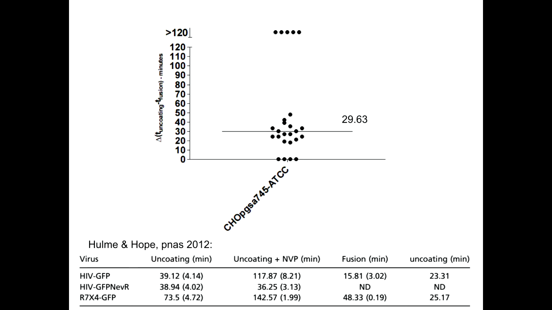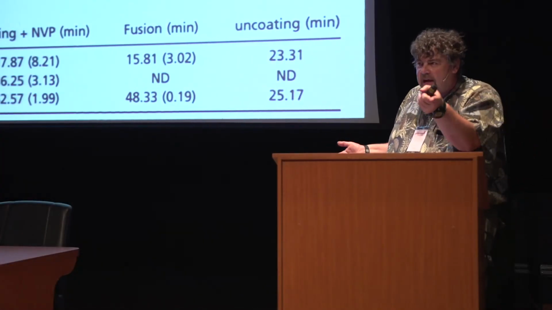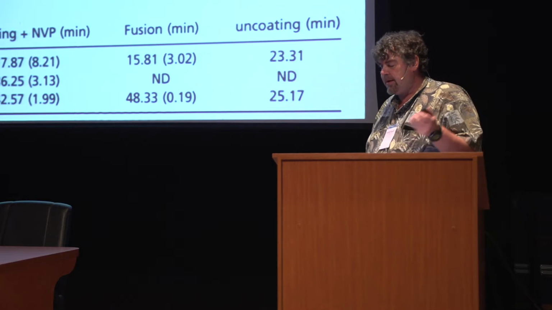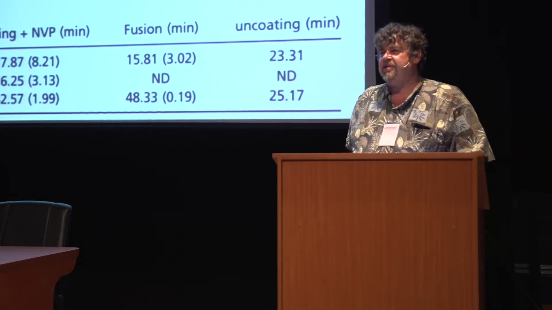And so when I first started talking about looking at individual virions moving in cells, people said, well, Tom, how do you know that virion is the one that infected the cell? And you keep asking me a question like that, I'll come up with lots of different answers over time.